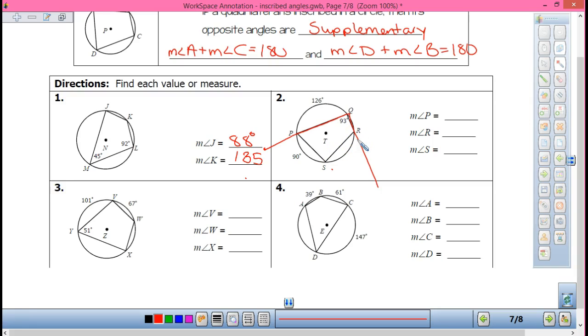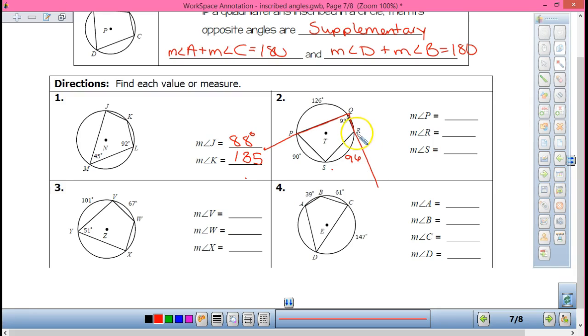What do I do with the angle? Times it by 2, so this whole arc is what? 186. So if that's 90, this has to be 96, right? Okay.